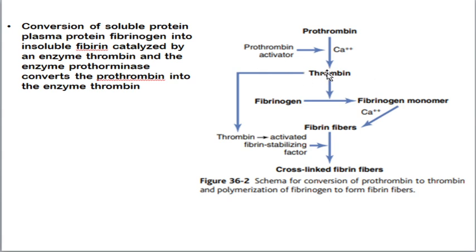Next, this thrombin, which is a catalytic enzyme, converts the soluble protein fibrinogen into fibrin monomer. This fibrin monomer will form many units and finally form a polymer called fibrin fiber, and this catalysis is done by calcium ion. Next, the fibrin fiber, in the presence of thrombin, activates the fibrin stabilizing factor. As a result, they form cross-linked fibrin fibers.